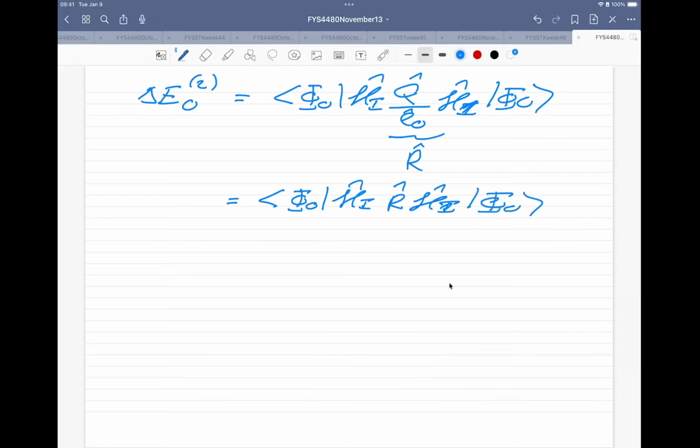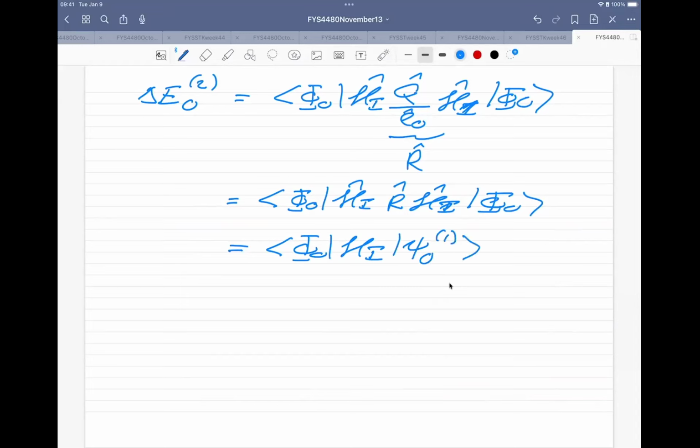Now I can rewrite this, since we have the Hamiltonian here, the interaction piece to first order. The whole contribution is to second order, but I can rewrite this in terms of phi 0, and then I have the Hamiltonian acting on a state, and I'm going to call this state phi 0 to first order.